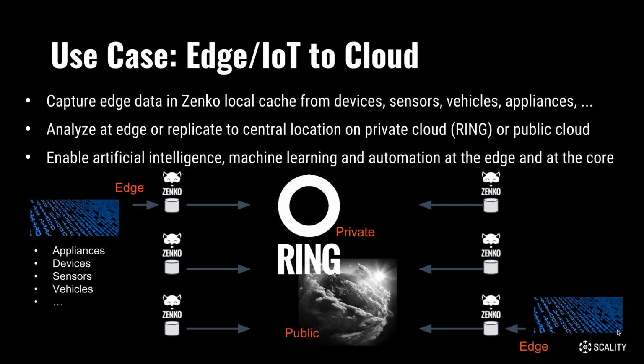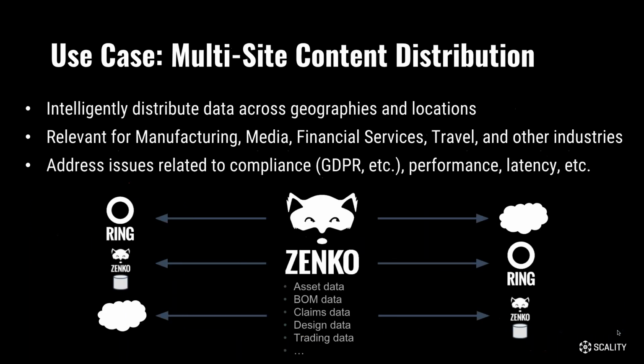Another one that we are seeing already being tested by open source early adopters is Zenko as an edge collector of information from appliances or devices in a tiny instance, and use the replication engine of Zenko to replicate the data from the edge into a larger data center or public cloud, for use cases that enable artificial intelligence and machine learning applications.